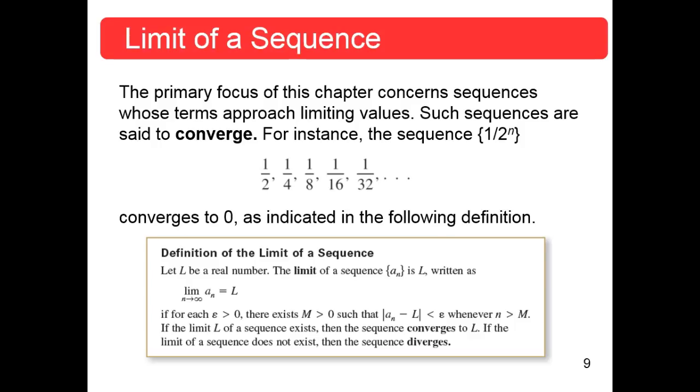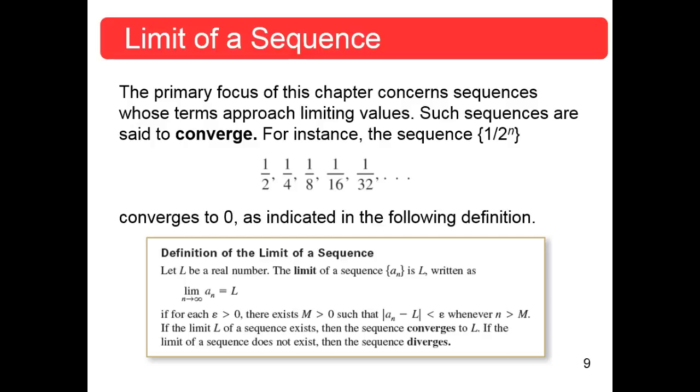All right. That's what sequences are. And I've already been asking the question, what is the limit of the sequence? And let's see if we can get that defined here. The primary focus of this chapter concerns sequences whose terms approach some limiting values.